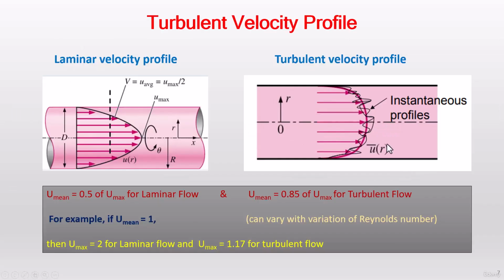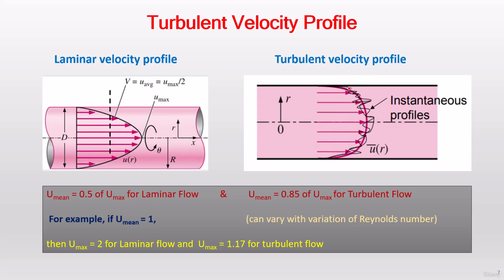So one of the main differences that you will feel is that in laminar flow, the flow is in laminae and there are no disturbances. But in turbulent flow, as the name suggests, there are disturbances, or the flow is chaotic. That is evident from the velocity profile as well.